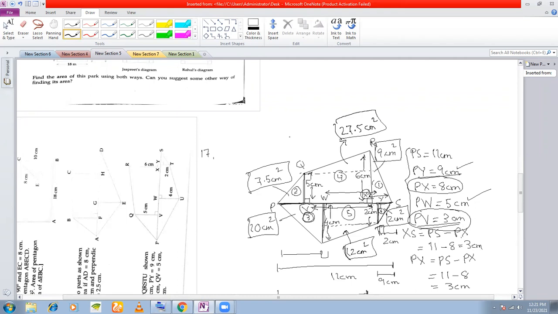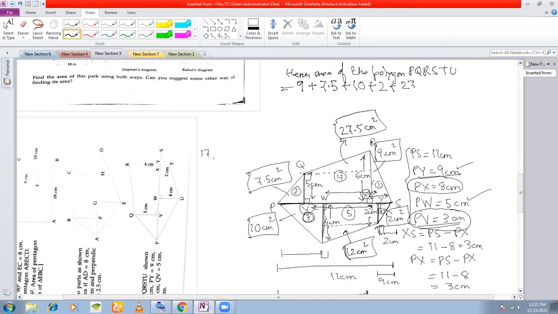Add up all the areas. Hence, area of polygon PQRSTU is equal to the sum of all the areas. Triangle 1, 9 centimeter square. Triangle 2, 7.5 centimeter square. Triangle 3, 10 centimeter square. Triangle 4, 2 centimeter square.